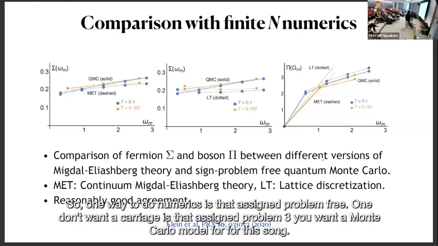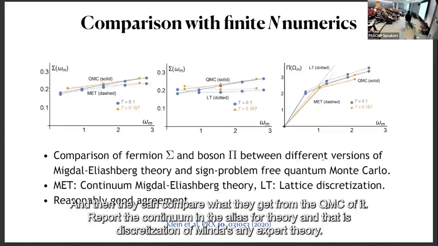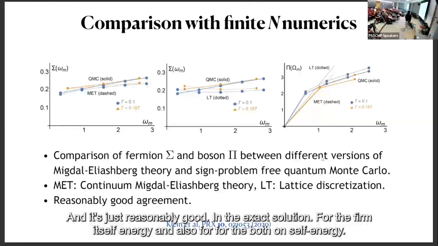One way to do numerics is that there's a sign-problem-free quantum Monte Carlo model for these non-Fermi liquids, and people compute the fermion and boson self energies, and then they can compare what they get from the QMC with both the continuum Migdal-Eliashberg theory and a lattice discretization of the Migdal-Eliashberg theory, and there's reasonably good agreement with the exact solution for the fermion self energy and also for the boson self energy.